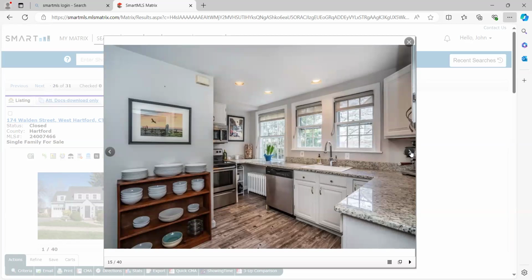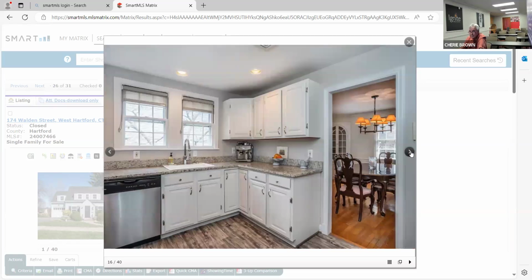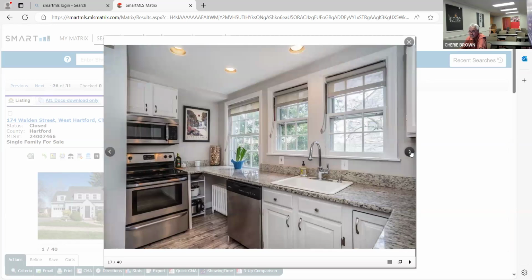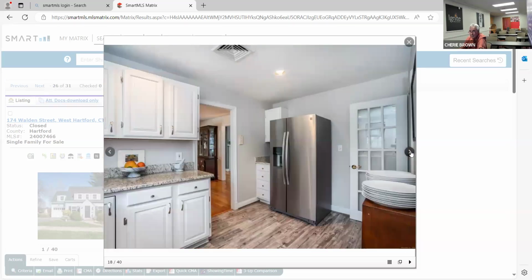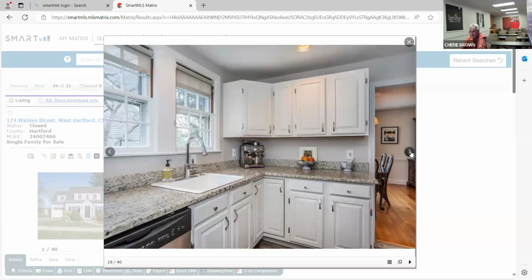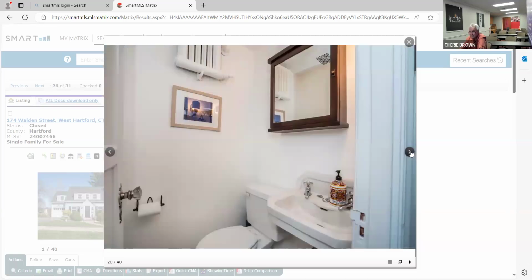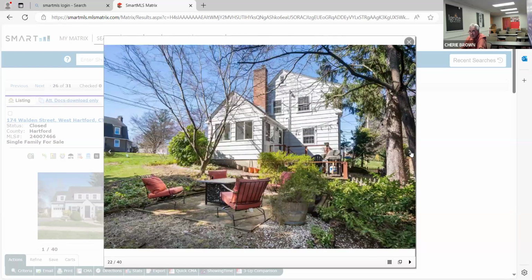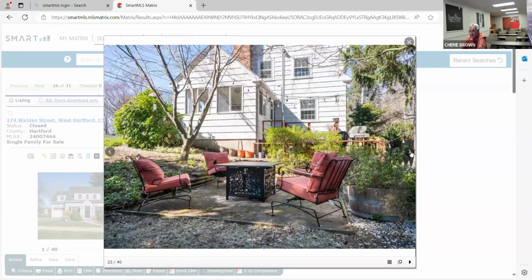Kitchen is also okay. Kitchen looks good. Area.